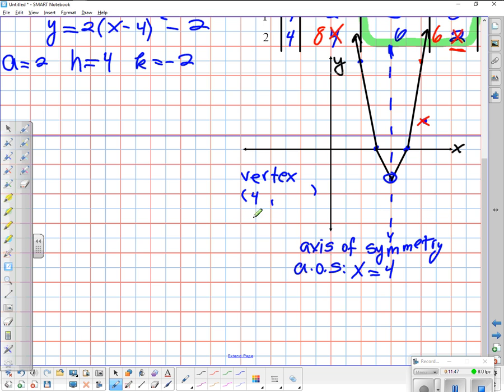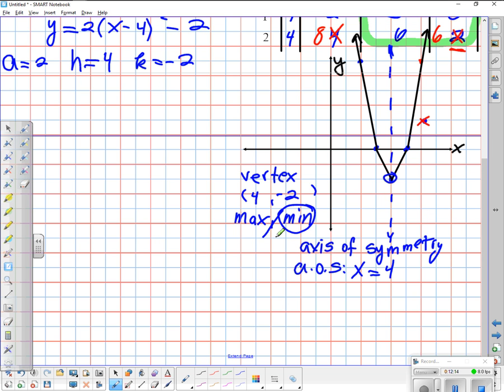What is the y value? 1, 2, negative 2. Now, the vertex can be the maximum, that means the highest point of the parabola, or it could be the minimum, meaning the lowest point in the parabola. So is this a max or a min? Is that the highest point or the lowest? In this case, it is the lowest, so the vertex will be a minimum.